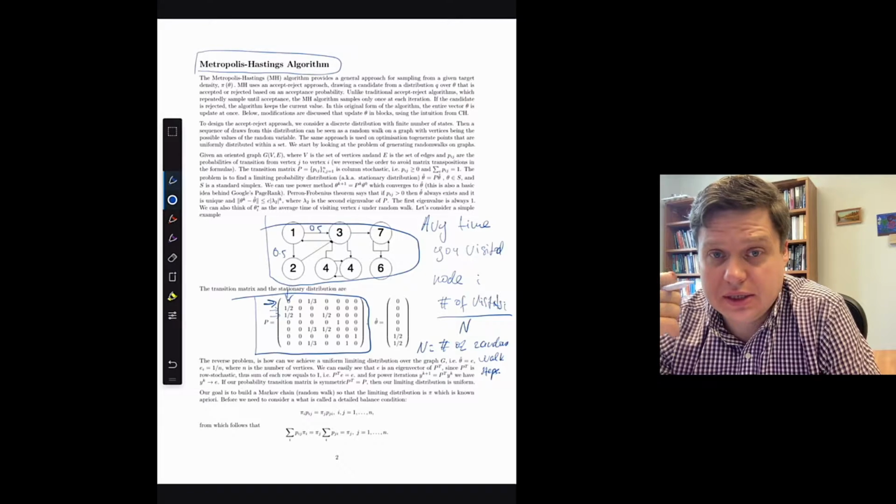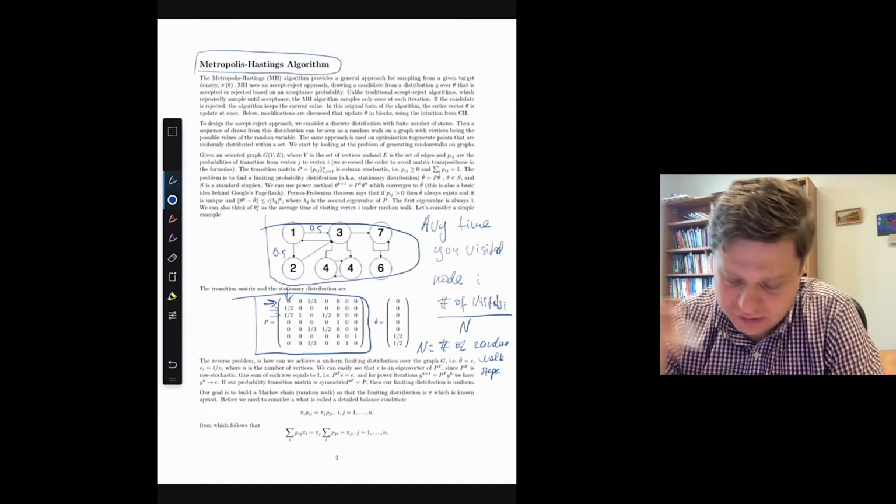And this number, the number of visits divided by the total number of random walk steps, is what is called the stationary probability over this set of nodes of this graph.